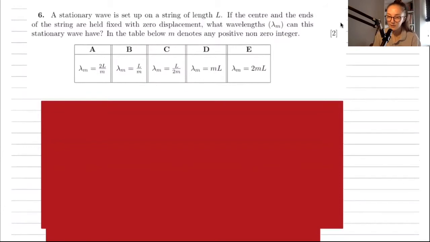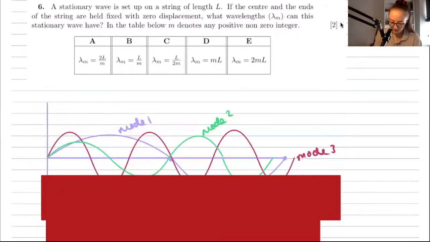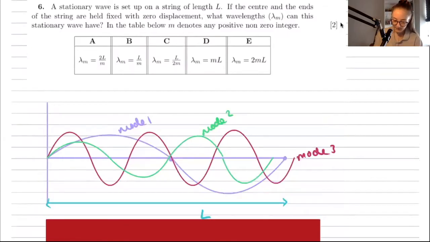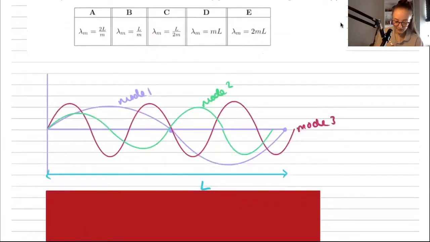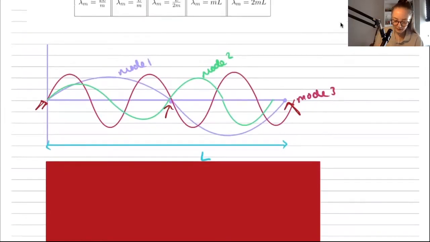Oh, and m can't be 0. So if we think about what's happening here, we have a string, and it's been clamped in 3 locations. It's been clamped at the origin, at the center, and at the end. So essentially, we can just look at either half really, but I'll go for the left half to see where the modes happen.